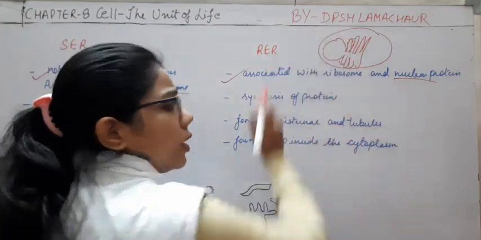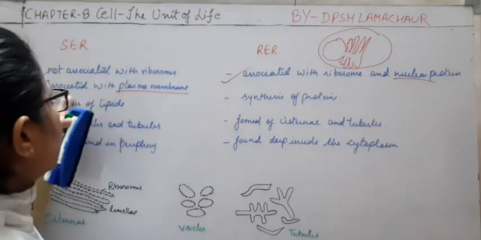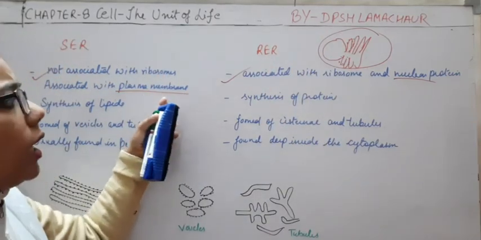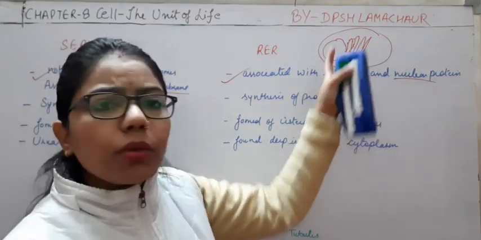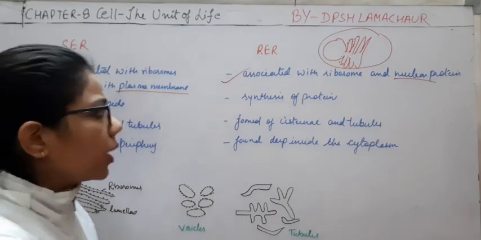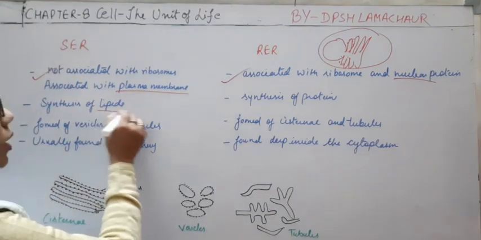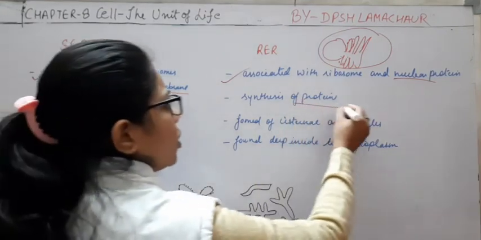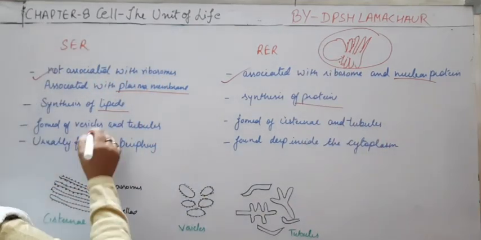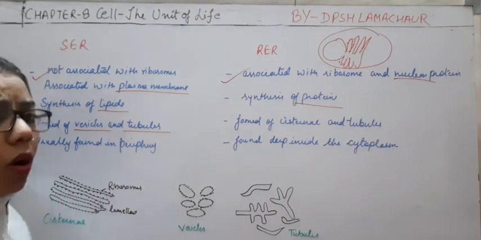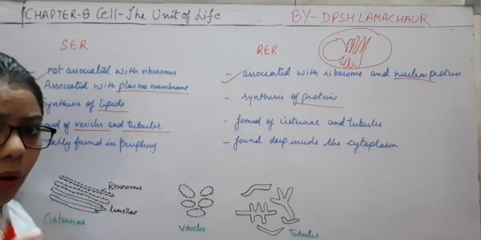They are towards the nucleus. Right? So here we can say they are associated with the plasma membrane, and they are associated with the ribosomes as well as the nuclear protein or the nucleus. Okay. Then function is what? Synthesis of lipids. Function is what? Synthesis of protein.